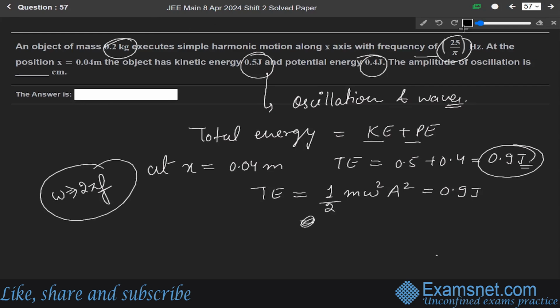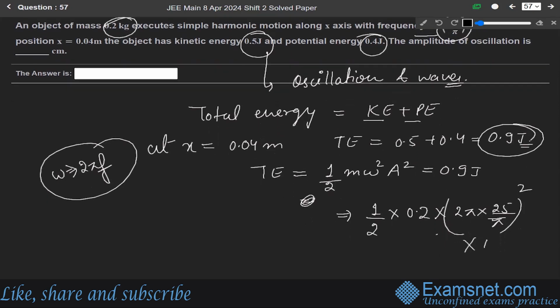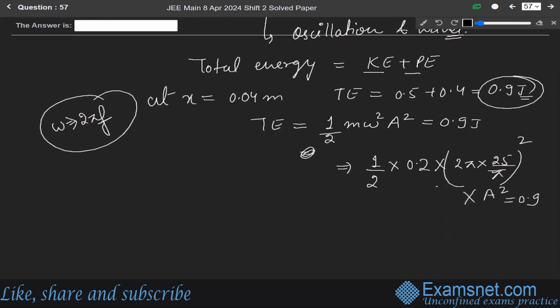so it will be 1 by 2 m omega square a square, which is 1 by 2 into 0.2 into omega square, meaning 2 pi into f, 25 over pi, this whole square, into a square. And we have to find the amplitude a. So into a square, and it is equal to 0.9 joule as we have calculated.